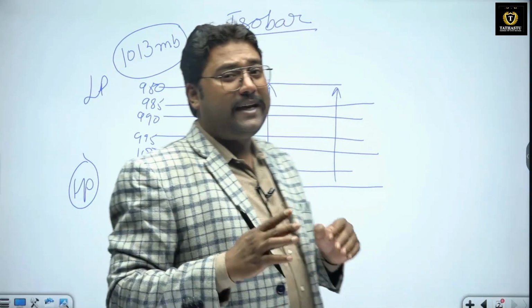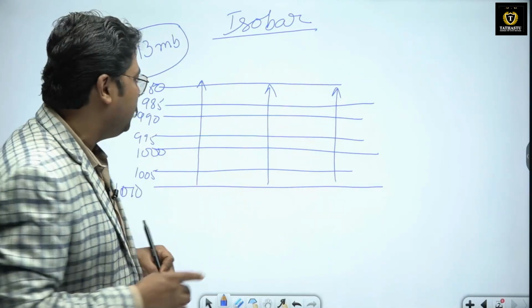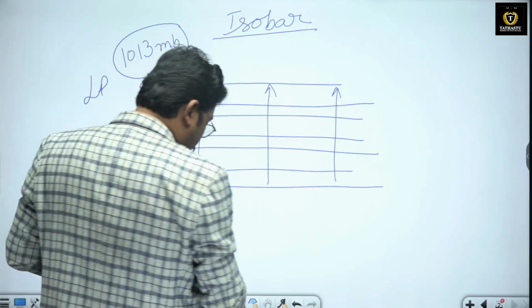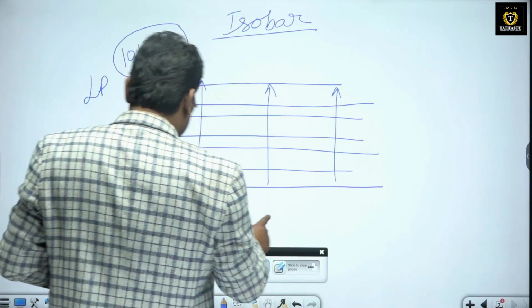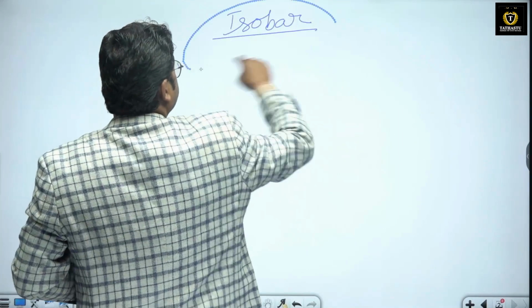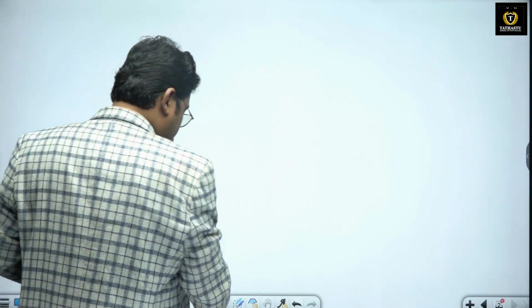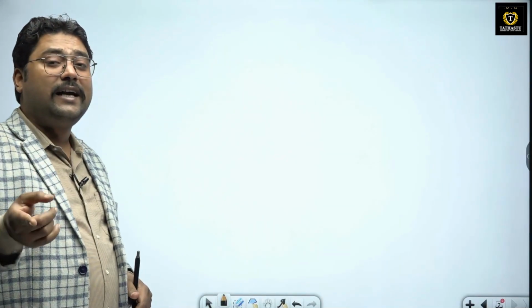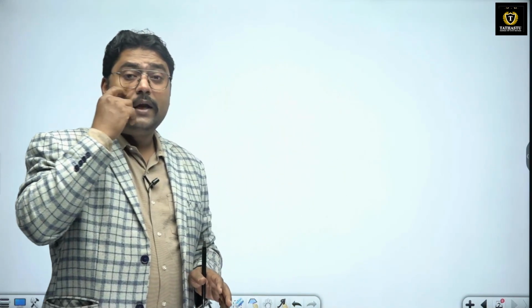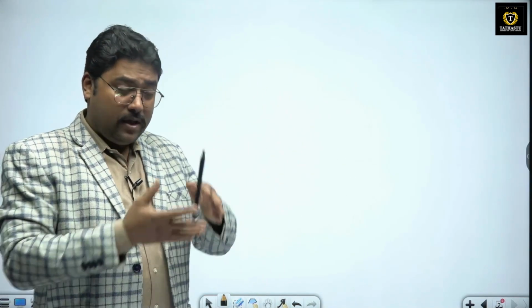The first factor is pressure gradient force. Okay, first thing. And pressure gradient and wind speed is directly proportional.